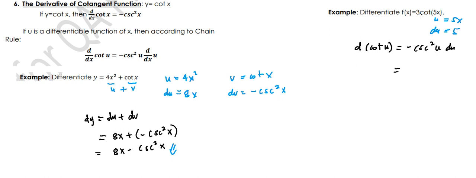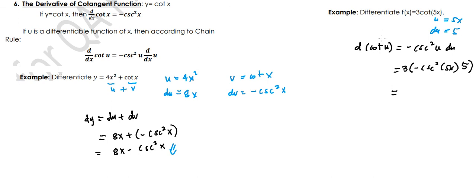And as we said, we have a constant 3 here. So we'll just write it. So 3 times negative cosecant squared, and our u here is 5x, we put it. Now our du is 5, so we put it too.